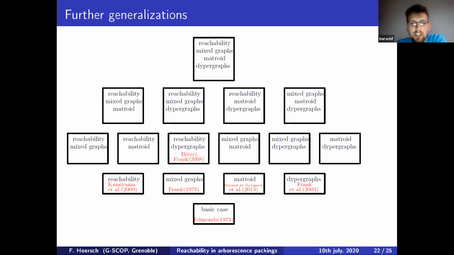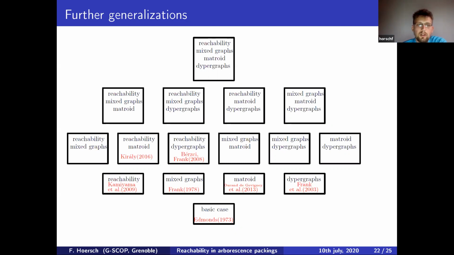What I found pretty astonishing in the beginning is that this generalization of the reachability theorem appeared actually before the reachability theorem. But apparently the theorem of Kamiyama was in a pretty slow journal, and the theorem of Bércsi and Frank was a conference paper, so it just appeared way faster. Apparently there's also a somewhat older journal version of the theorem of Kamiyama.